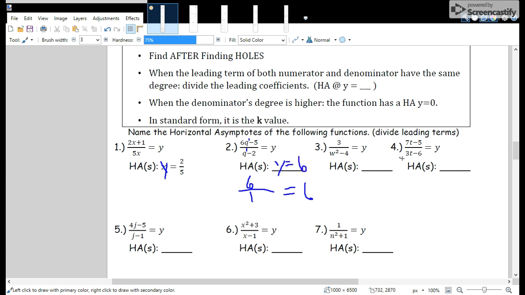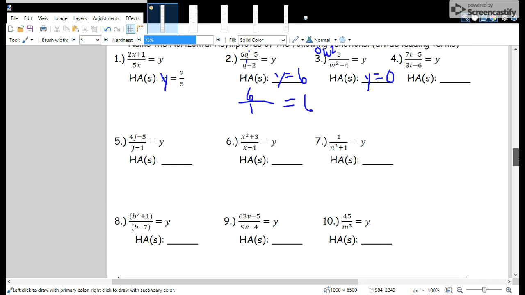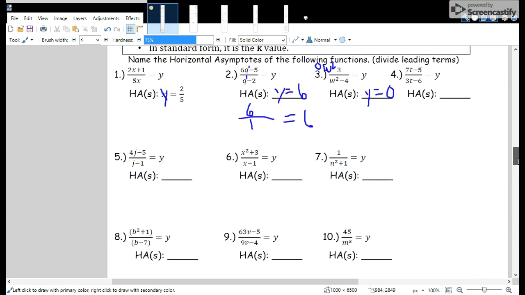And you'll do that for each of these. Since this one doesn't have a w up here, we could think of 0 times w to the second power in the numerator. So that means you would have y equals 0 as a horizontal asymptote. Okay, finish this one. The rest of these ones, do on your own in your groups.